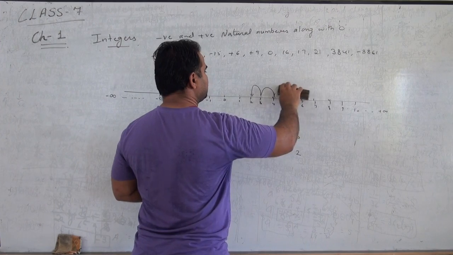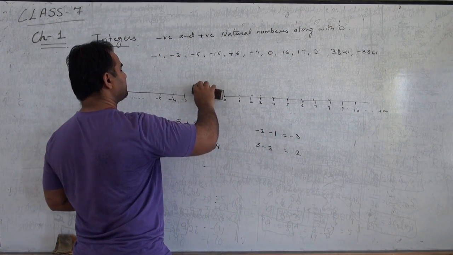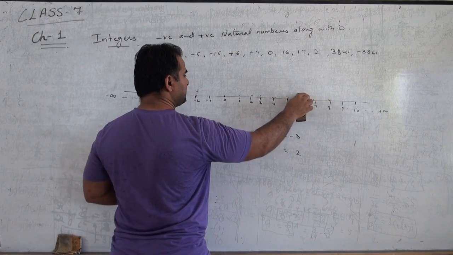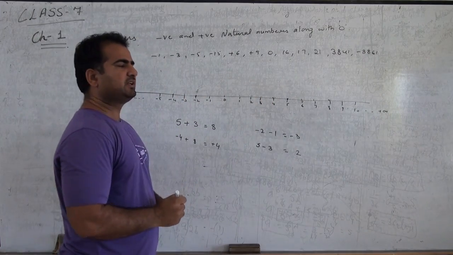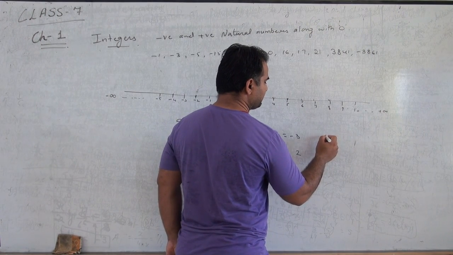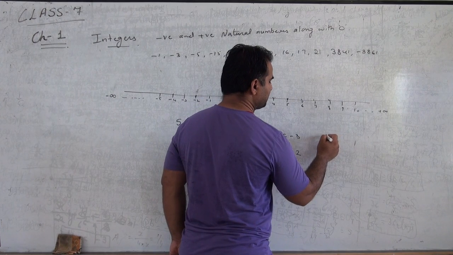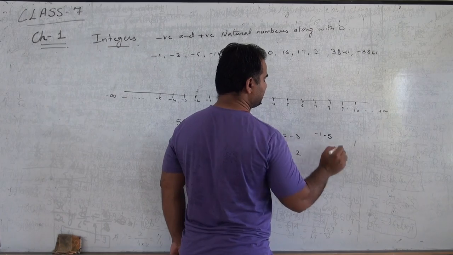Using the number line, the question is, how can we subtract 5 from minus 1?